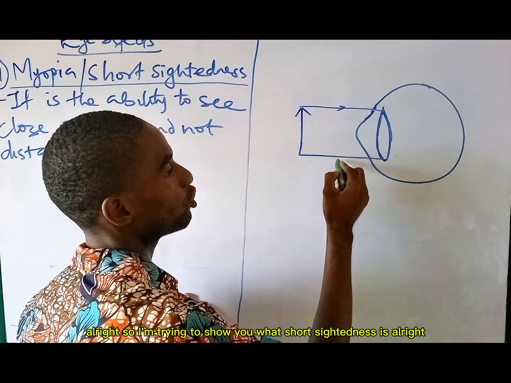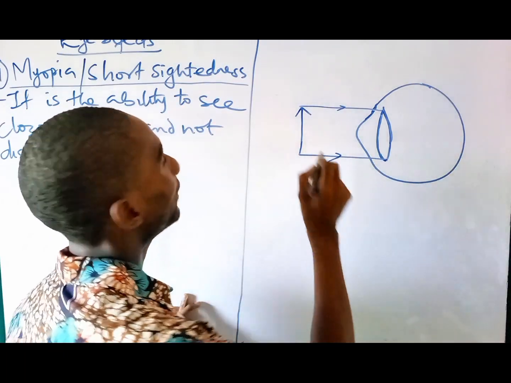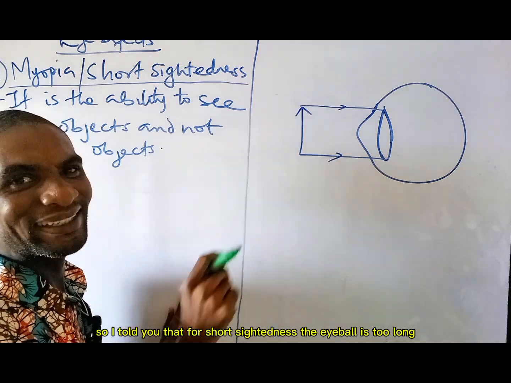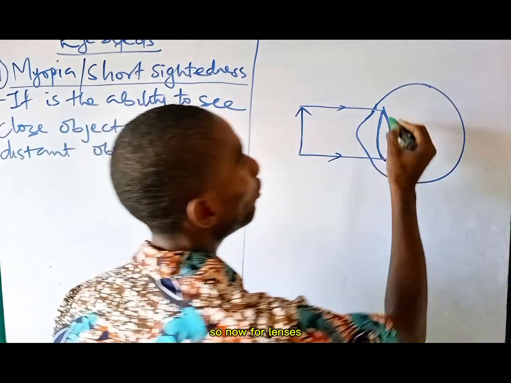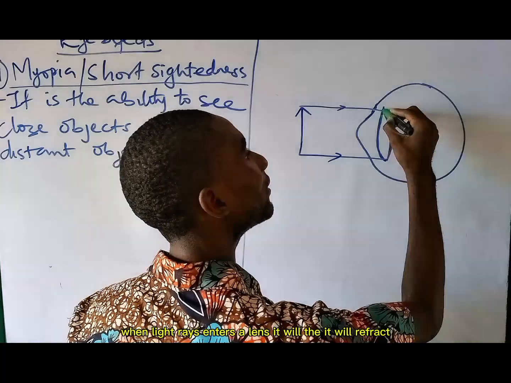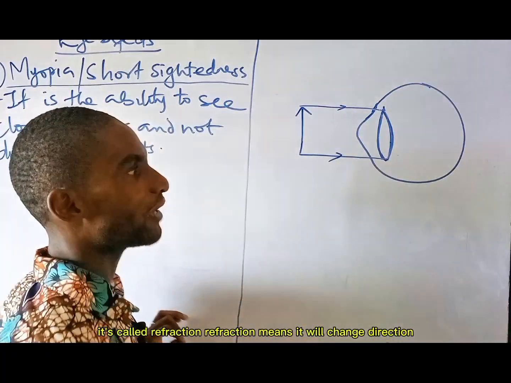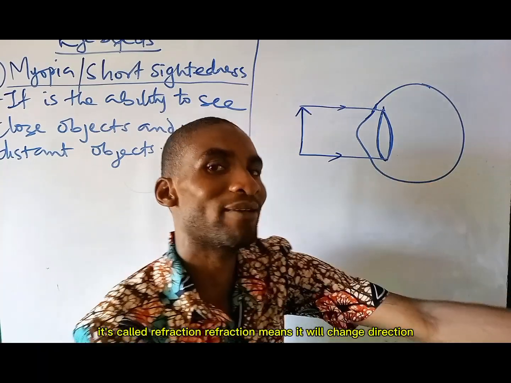So I'm trying to show you what short-sightedness is, all right? So I told you that for short sight, the eyeball is too long. So now for lenses, when light rays enters a lens, it will refract. It's called refraction. Refraction means it will change direction.